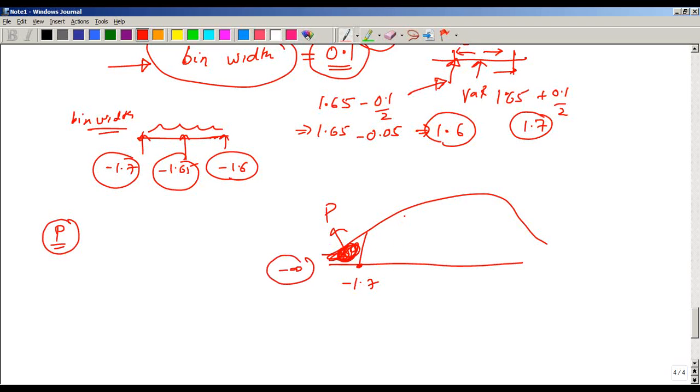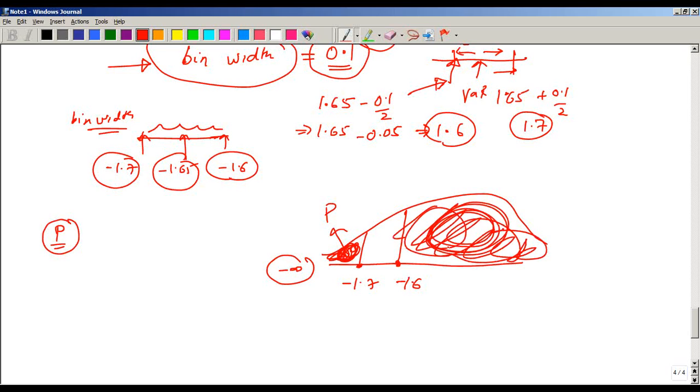And you have to measure another probability, the probability of this right side. We mention this as R. So R is the probability of the area under the curve when this is greater than minus 1.6.